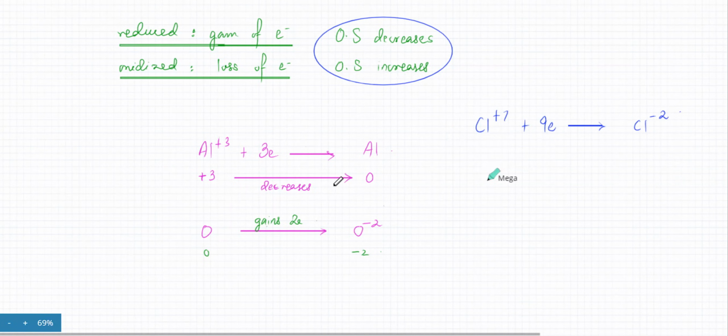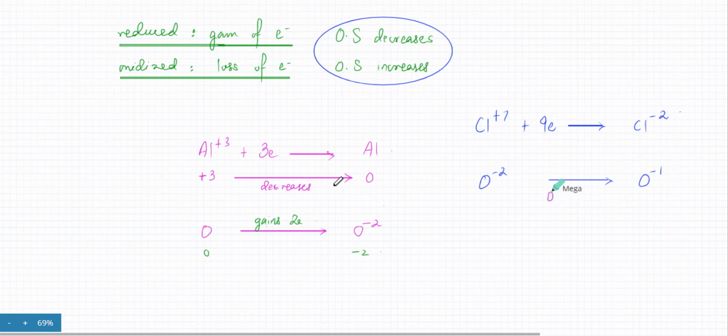What's happening here? O minus 2 changing into O minus 1. Did it gain or did it lose? Lose an electron. Why? Because the oxidation state is increasing.